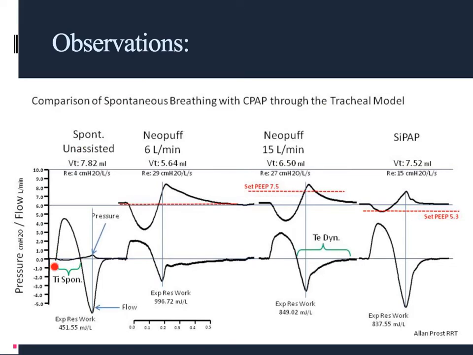The amount of pressure required to breathe in and out and to get this inspiratory flow and expiratory flow is very minimal. So breathing through the 5.0 endotracheal tube requires very little work on the part of the patient. All right, so we consider this to be kind of our standard, our set point for the comparisons.